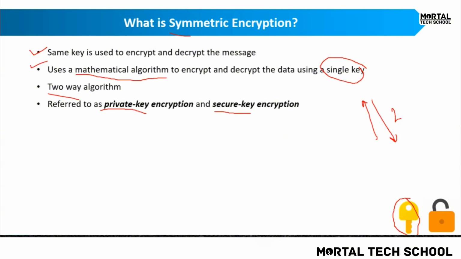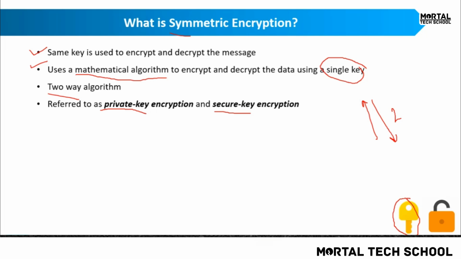So as I gave the example of a house and your wife, I gave that example in the context of asymmetric encryption, because I wanted to tell you that you can unlock with one key and lock with another key. But actually that example was of symmetric encryption.